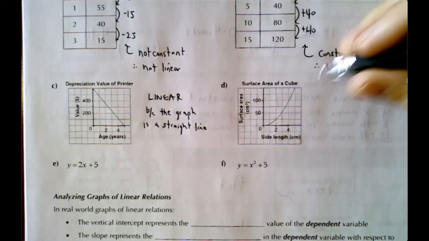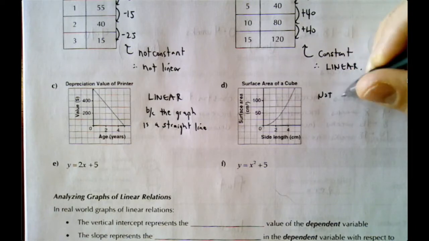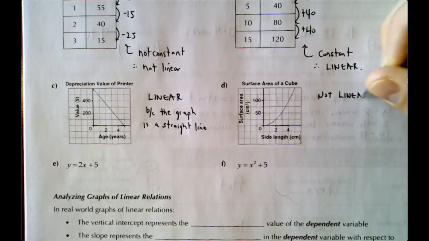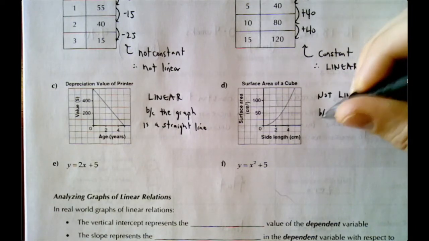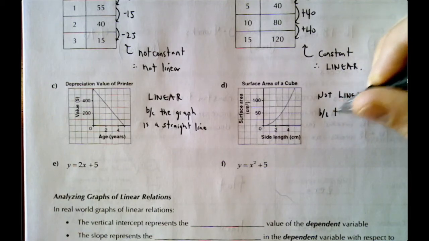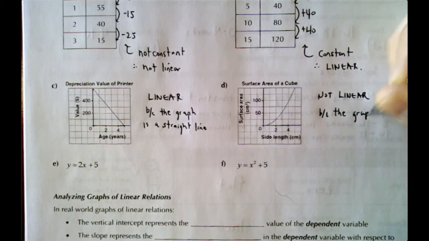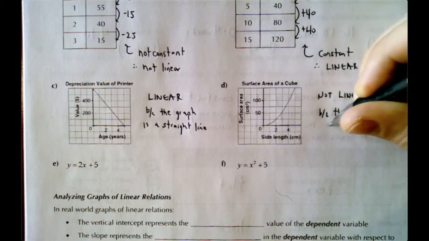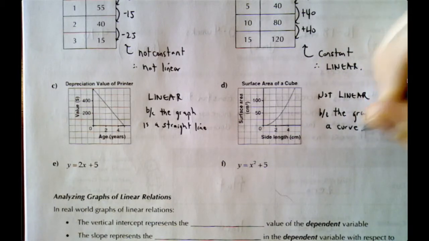And the second one is not linear, or we could say nonlinear. And this is because the graph is a curve, or not a line.